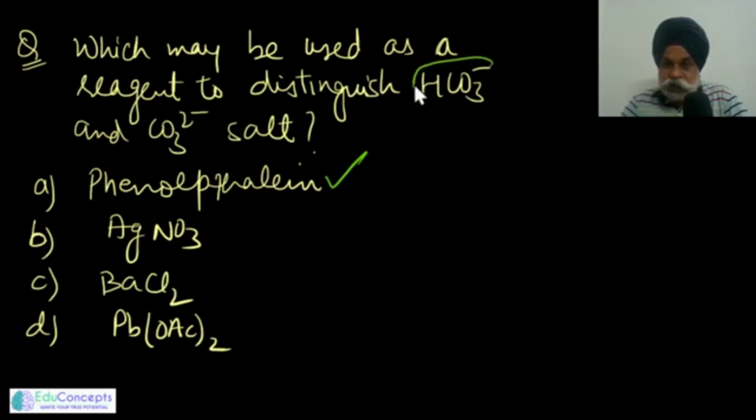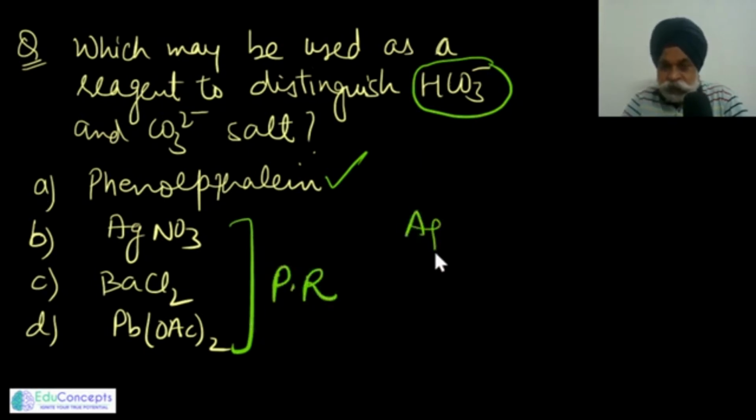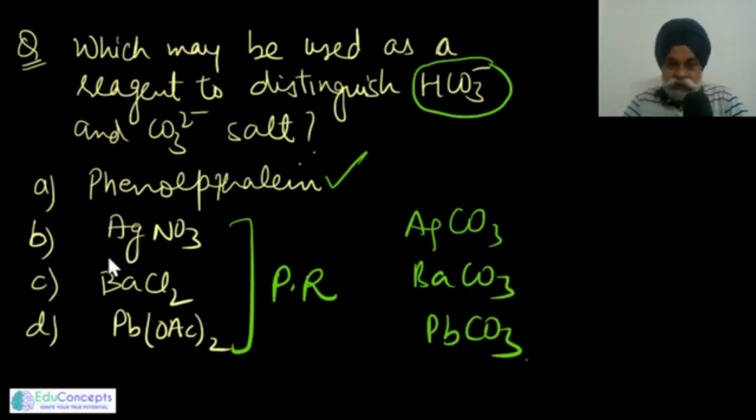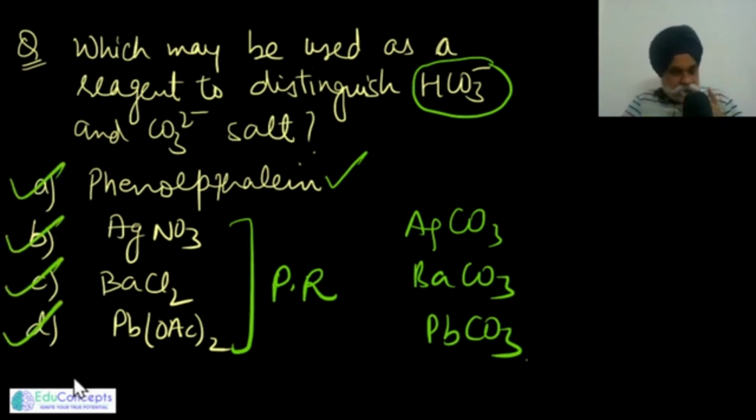And bicarbonate would not get precipitated with any precipitating reagent. So all of these are precipitating reagents. Here you would get silver carbonate, here barium carbonate, here lead carbonate. So the fact of the matter is that all 4 options can be chosen to distinguish carbonate from bicarbonate, because all of these would react with the carbonate ion. So that is the important question.